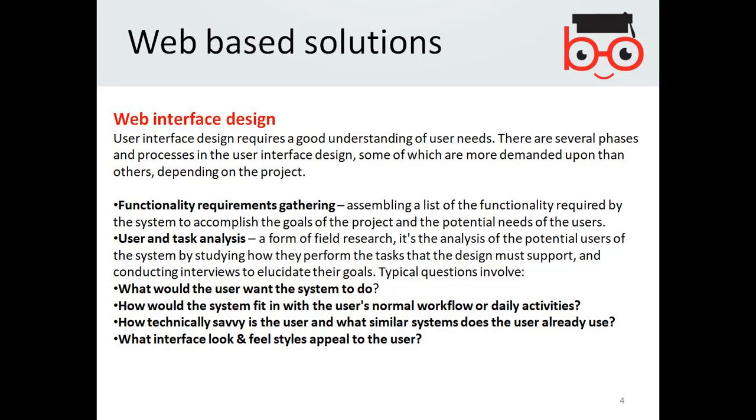So normally the question can be, what would the user want the system to do? For example, if the user wants to fill the form, they should be given clear navigation to the forms, not a case where there are many banners and the form links and other things are in very small letters.